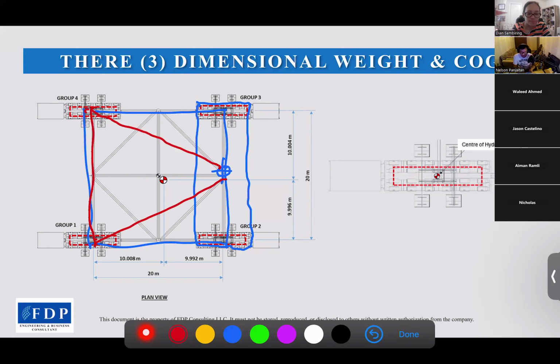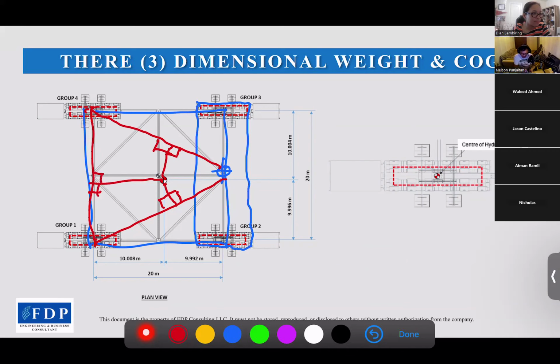The calculation for the reaction of each group will be different because now we have three hydraulic group supports. For this, we need to distribute to each line first, which is perpendicular to the side of the triangle.